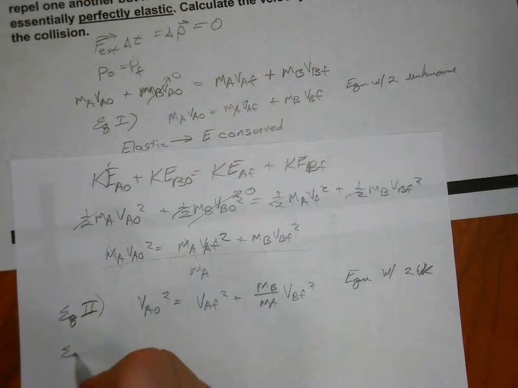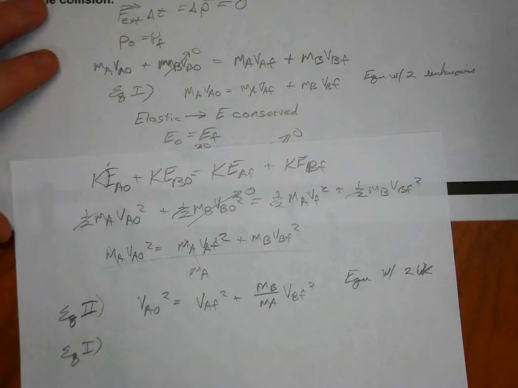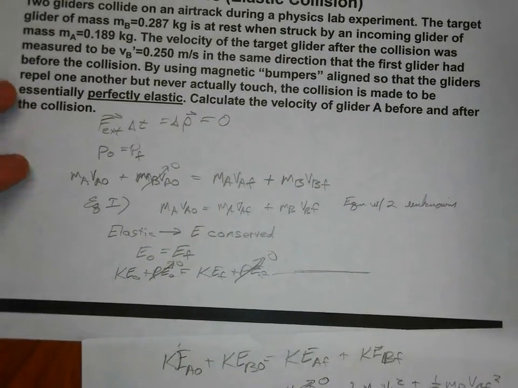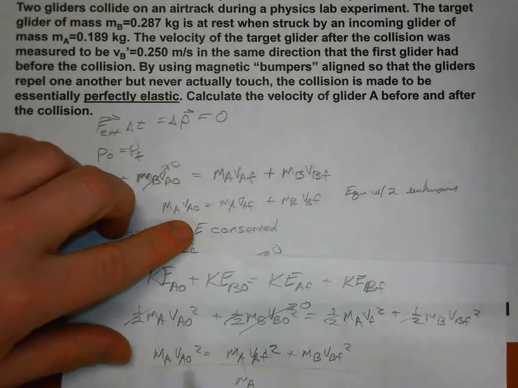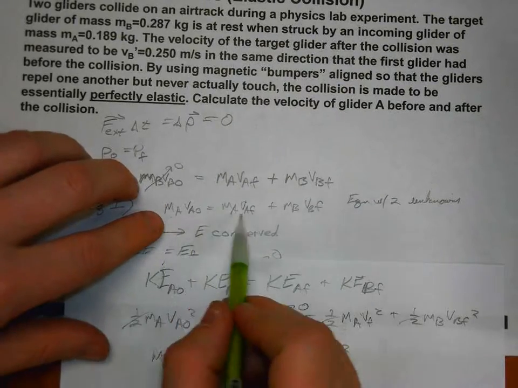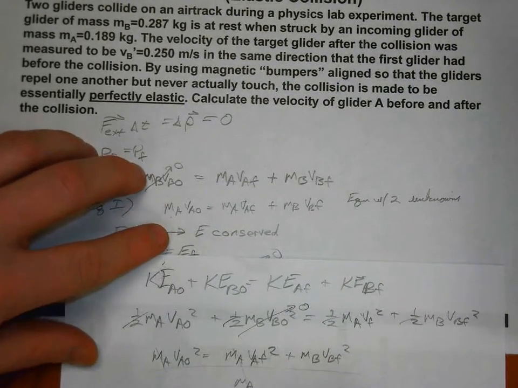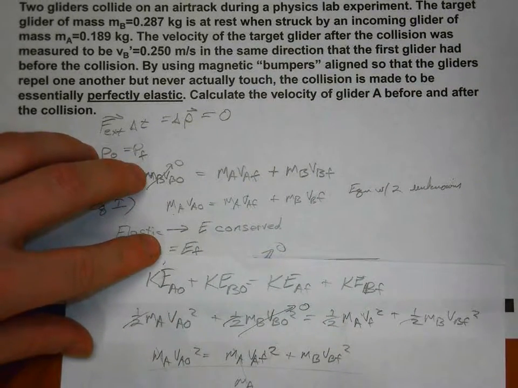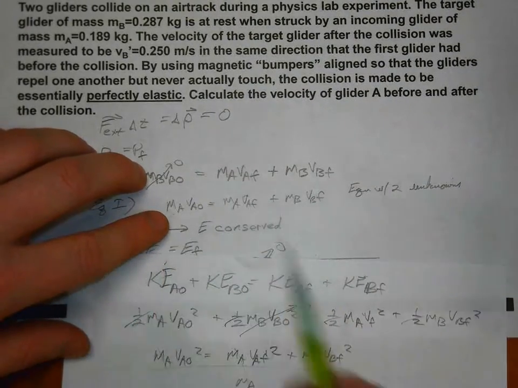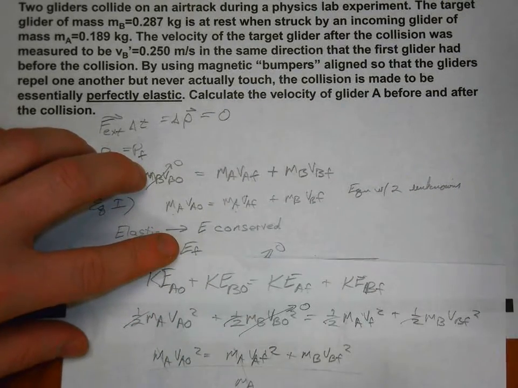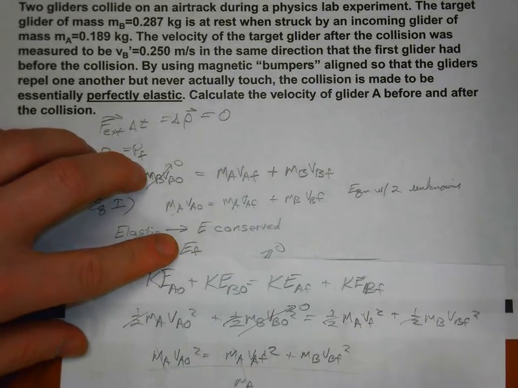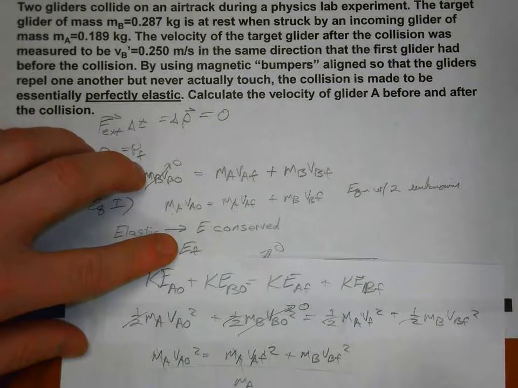If you remember equation 1, which was back here, I'm going to write that now down, but I'm going to divide everything by MA. I'll show you why in a second. VA initial, because MA over MA is 1, MA over MA is 1 here too, VA final, plus MB over MA VB final.